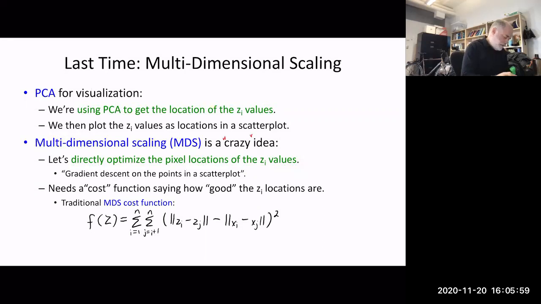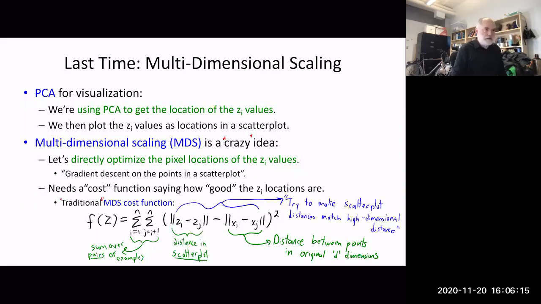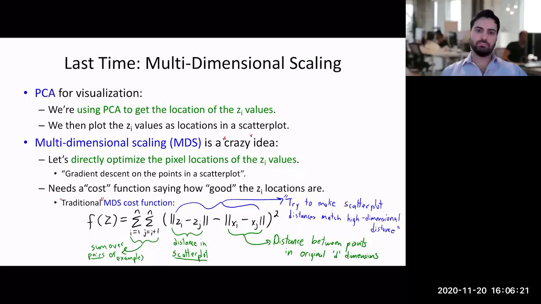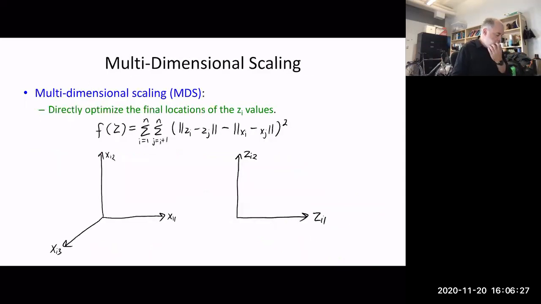So a traditional MDS cost function sums over all pairs of examples, computes the distance, usually what we call traditional, again in quotes, between the points X in the original D dimensions, compares that with the distance in the scatter plot, and tries to match the distances by minimizing the squared difference between the distances, right?